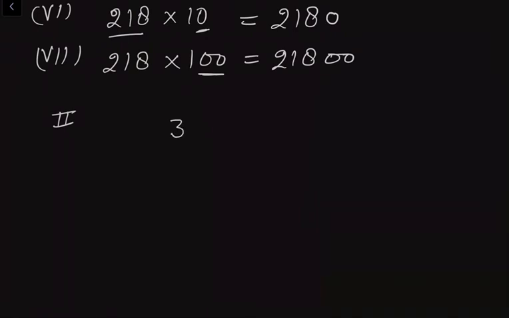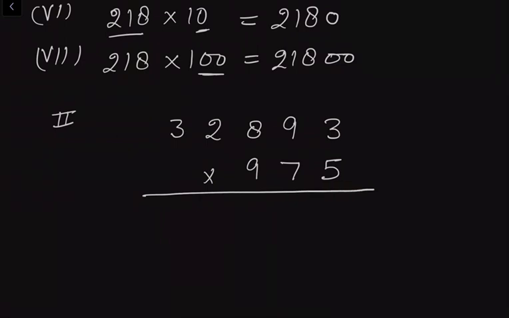The example is 3 2 8 9 3 and 975. How will we do the multiplication? Very simply, first we will start from the right hand side.